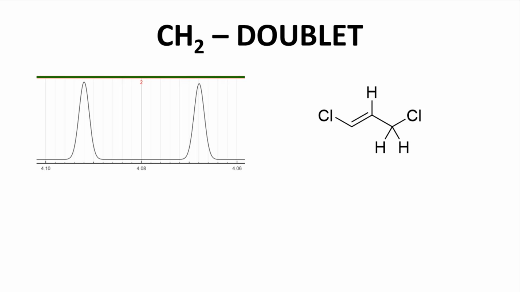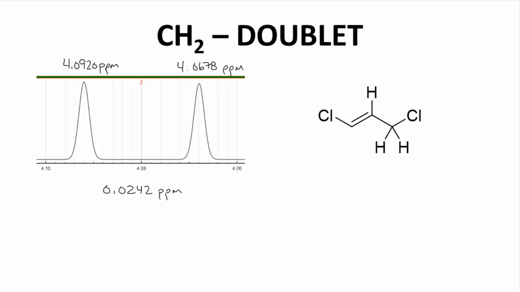Let's start with our CH2 doublet. The peak on the left is at 4.0920 ppm. The right peak is about 4.0678 ppm. The ppm difference is 0.0242 ppm.